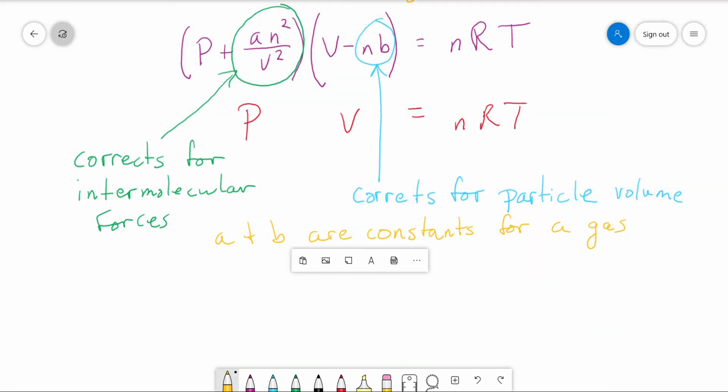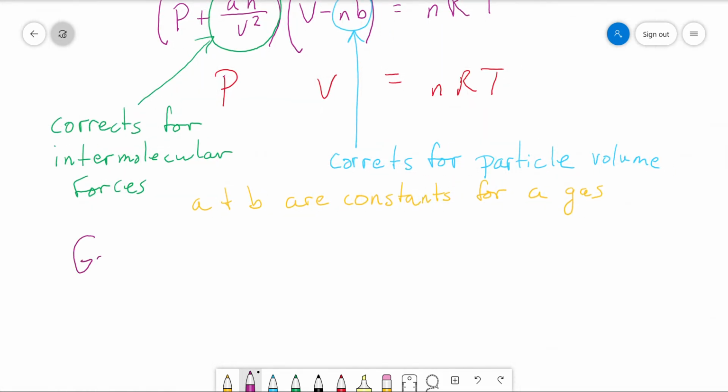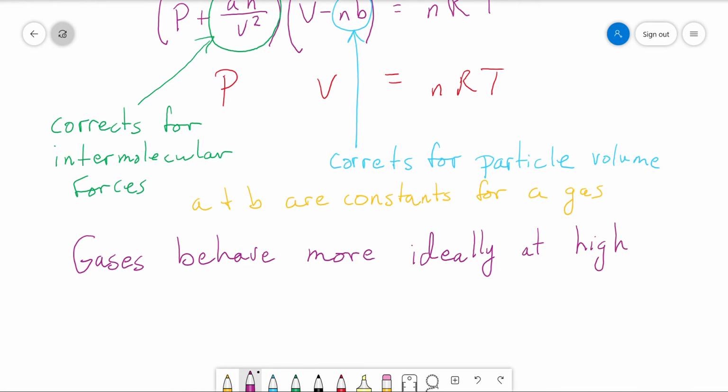In order to understand this a little bit further, I just want to say that gases behave more ideally at high temperature and low pressure.